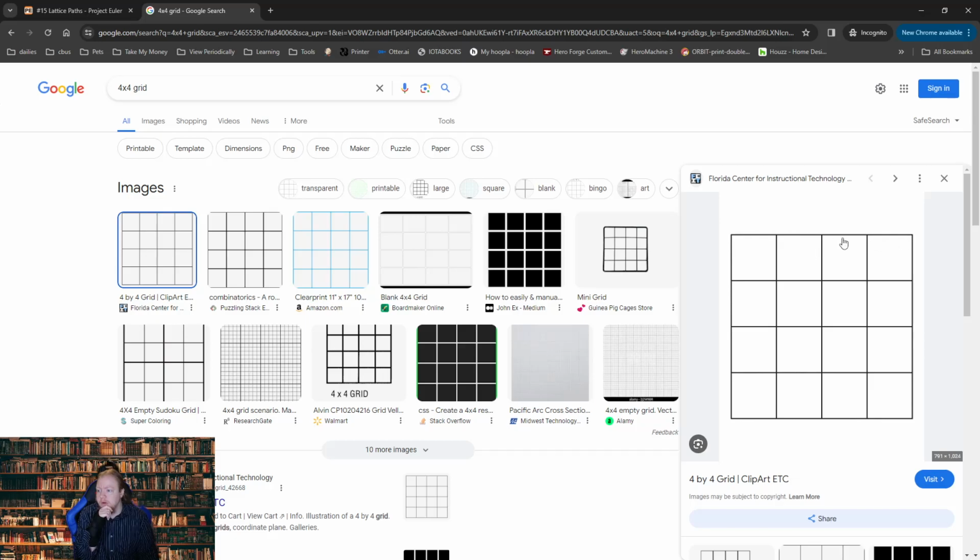Okay, so 1, 1. And one thing to note for sure is that these are symmetrical, always. I mean, obviously they're symmetrical in all directions because it's the square. Diagonal, up, down, left, right.